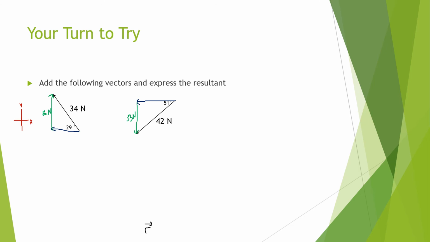A magnitude of 16 and 33 newtons respectively. Let's get the cosine components. 34 cosine 29 gives me a magnitude of 30. So this one is 30 newtons. And then 42 cosine 51 gives me 26 newtons.